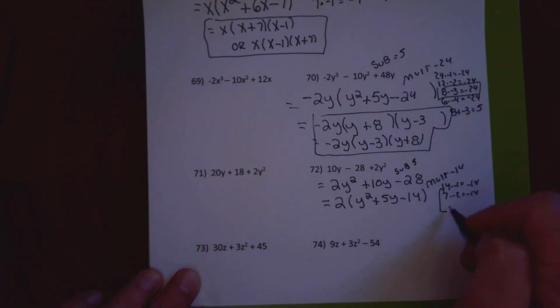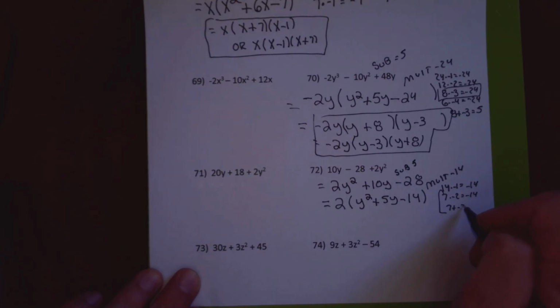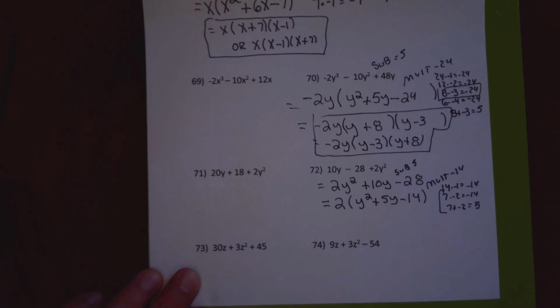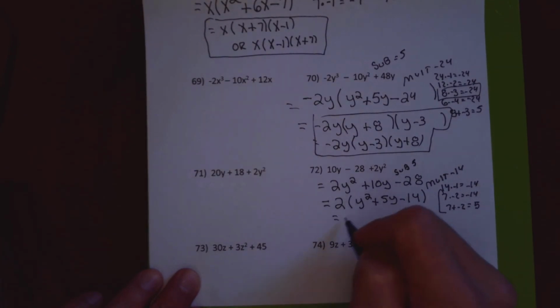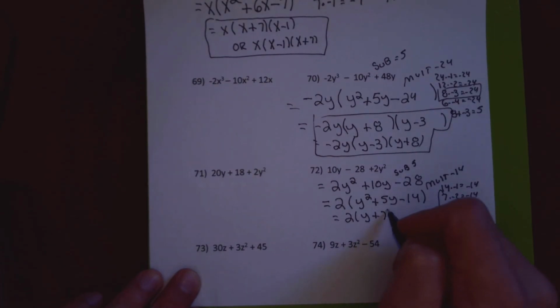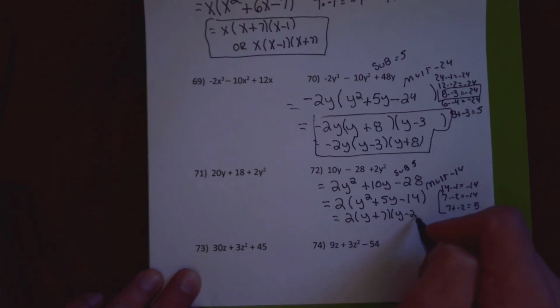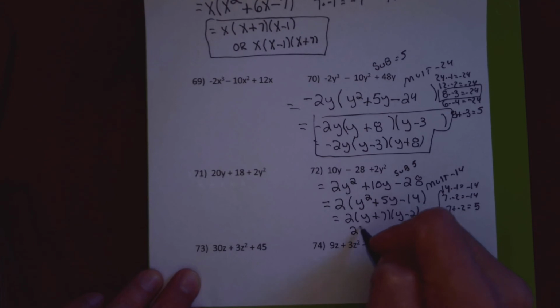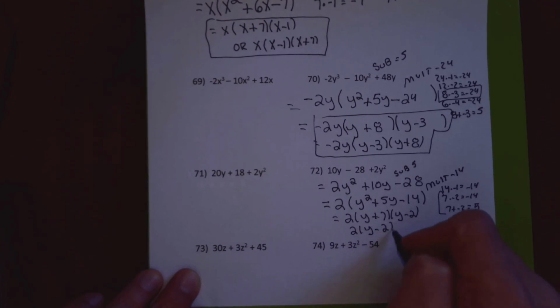The 7 and minus 2 are going to work because 7 plus negative 2 is really the same as 7 minus 2, and that's positive 5. So in my parentheses, after the y's, I get a plus 7 and a minus 2. In either order, the minus 2 can be first and the plus 7 can be second.